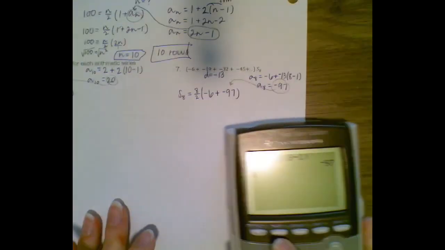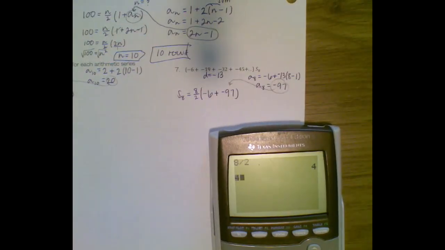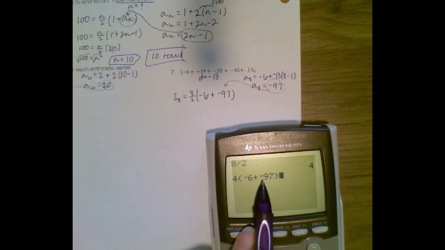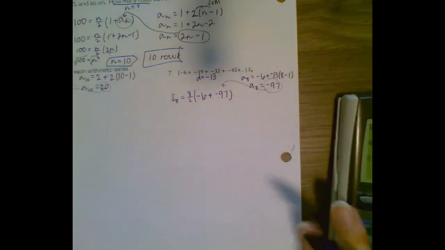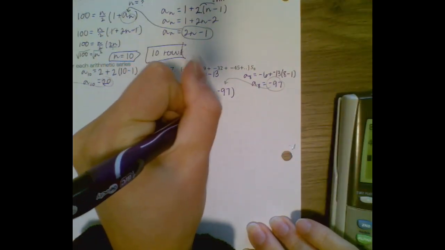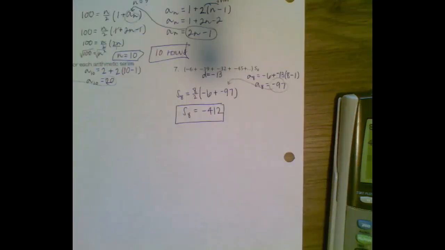So now I just type this into the calculator. 8 divided by 2 is 4. So we have 4 times negative 6 plus negative 97. Make sure you use the negative and not the minus sign there. Negative 412. So S sub 8 equals negative 412. Okay? All right, that's it for the notes.